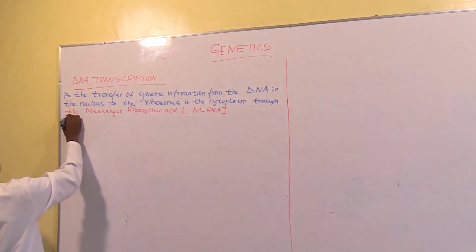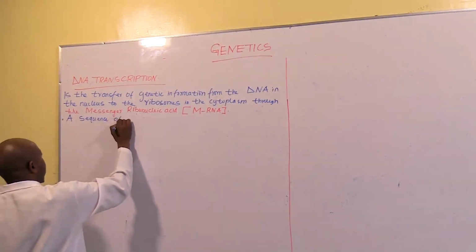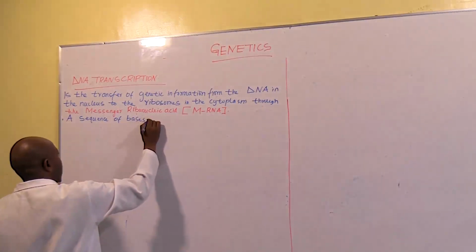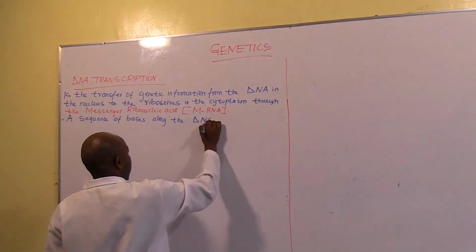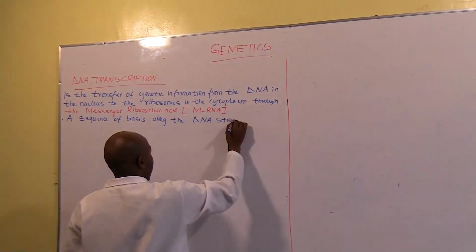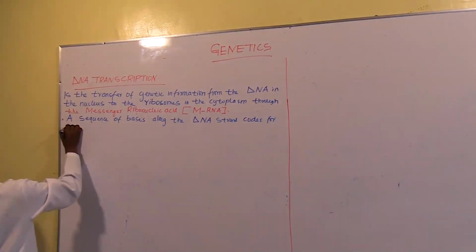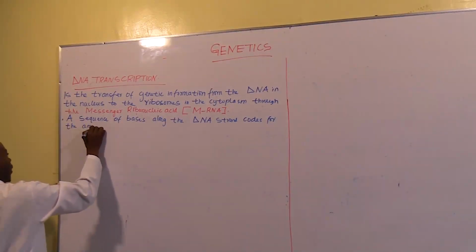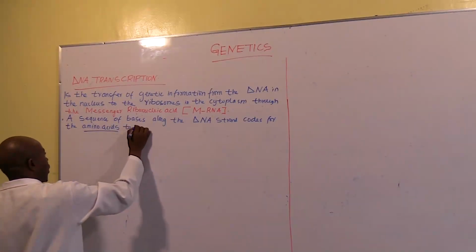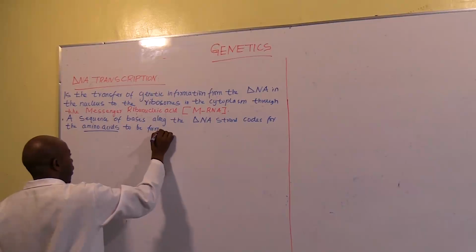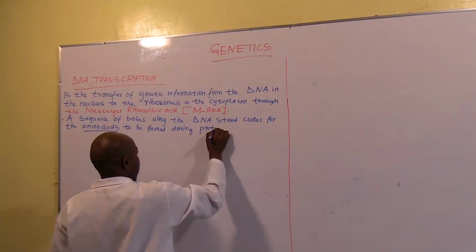So there exists a sequence of bases along the DNA strand that codes for the amino acids to be formed during protein synthesis.